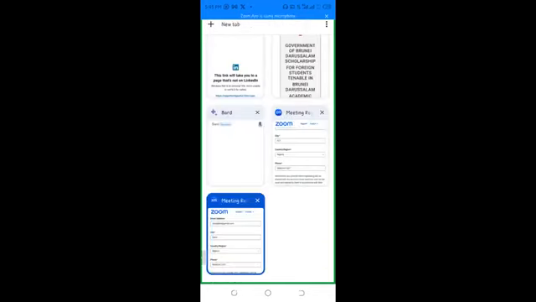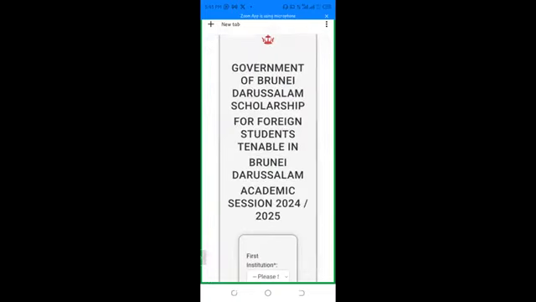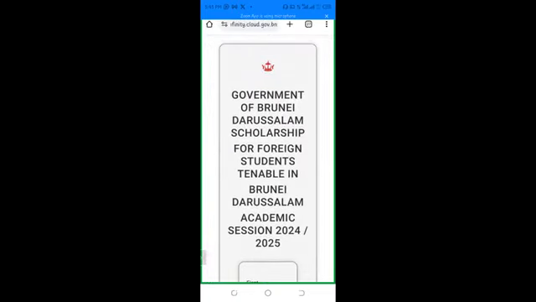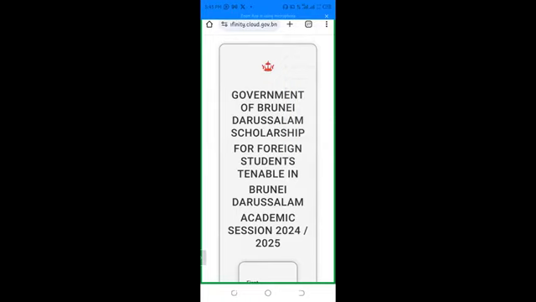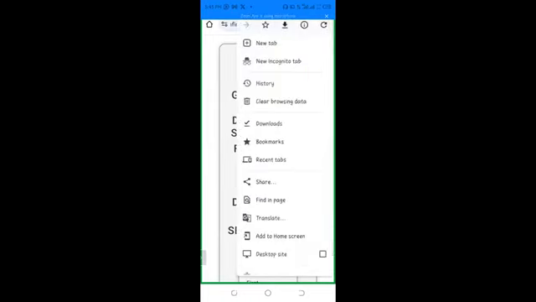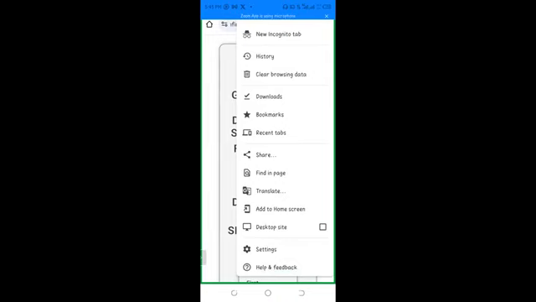It doesn't matter whether you are using a mobile phone or a computer. If you just enter the site, it will take you there. But if you want to see it just like it appears on a computer, tap on the three buttons at the top right and click on desktop site.